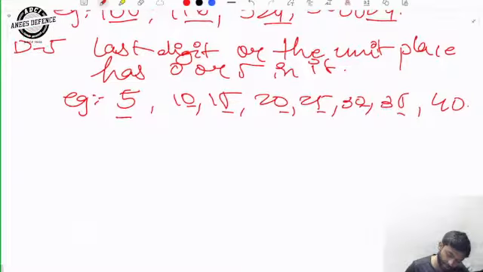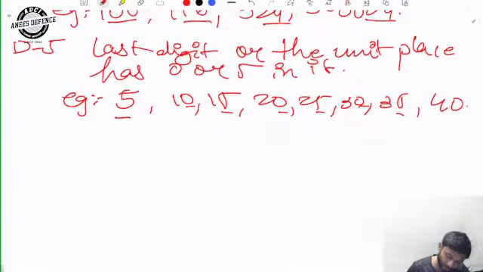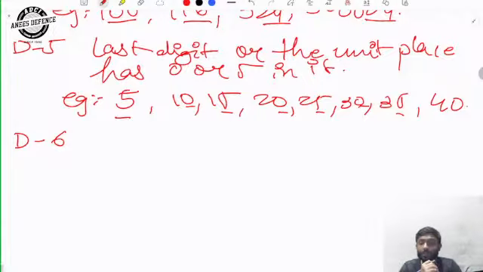If we see the next number, it would be the divisibility test of 6. A number is said to be divisible by 6 if the number is divisible by 2 and 3. That means you have to remember the divisibility tests of 2 and 3 to see if the number is divisible by 6 or not.